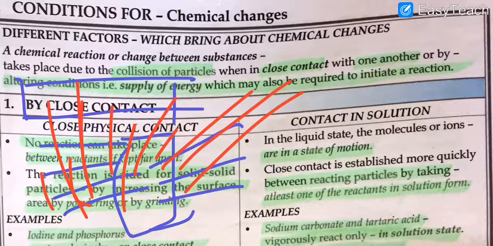So the supply of energy also matters. Similarly, heat, electricity, pressure, a catalyst that helps chemical reactions go faster and easier, and also sound, in fact, right? So all of these can help in making a chemical change or a chemical reaction. Perfect. Okay.